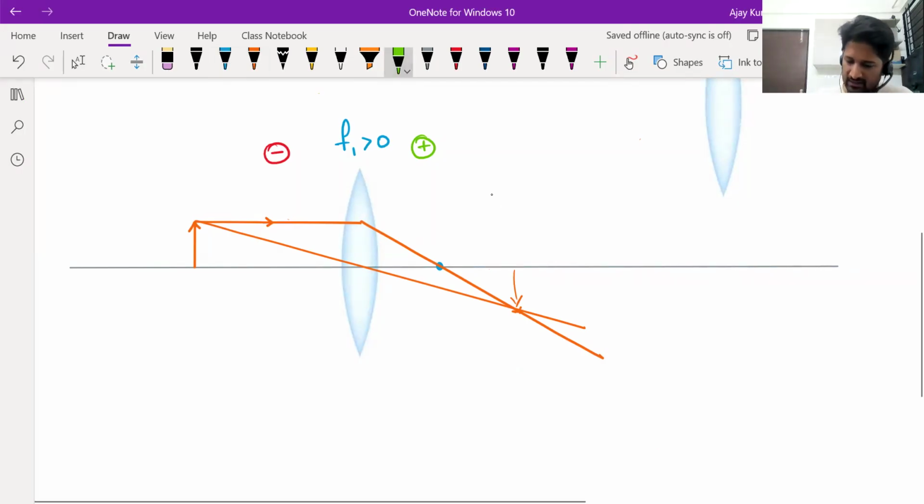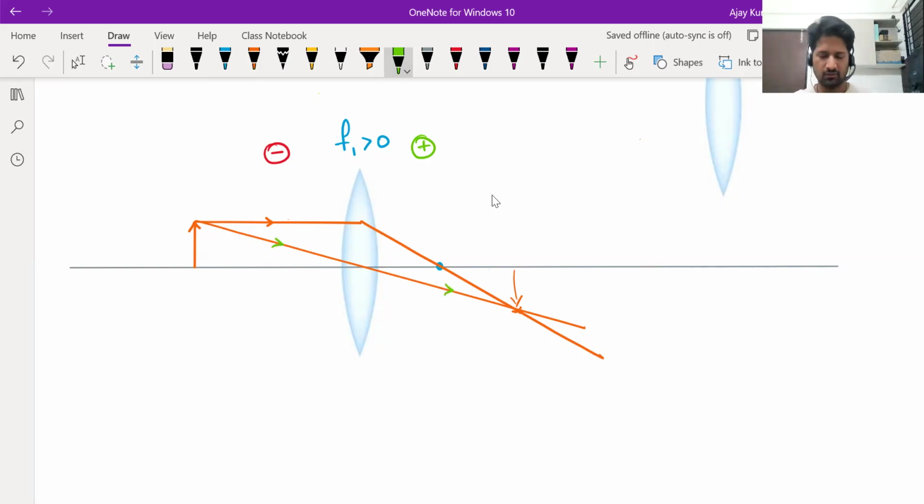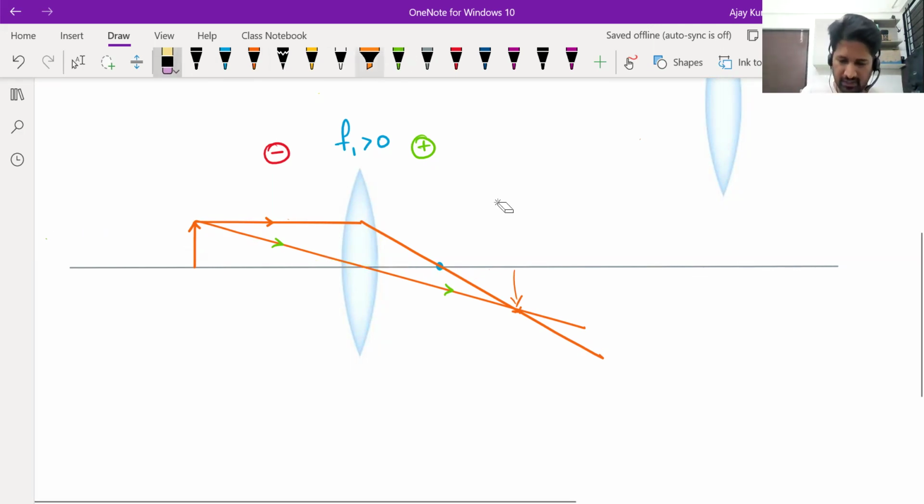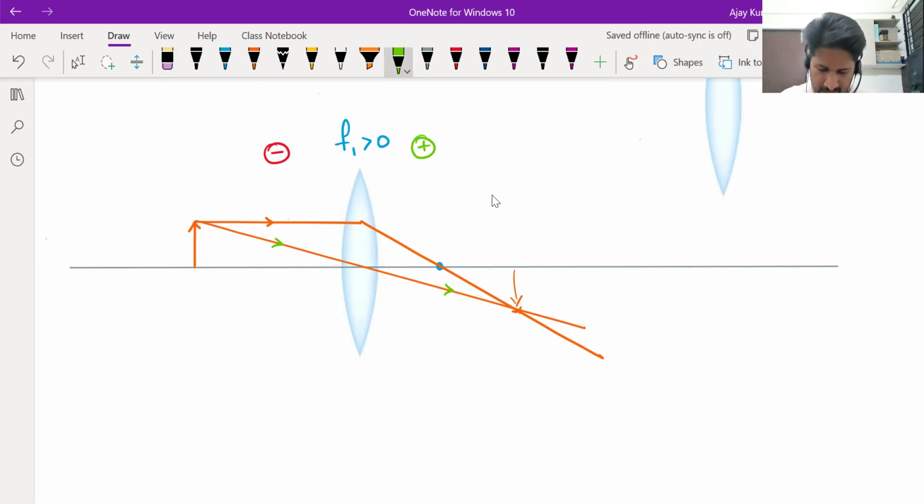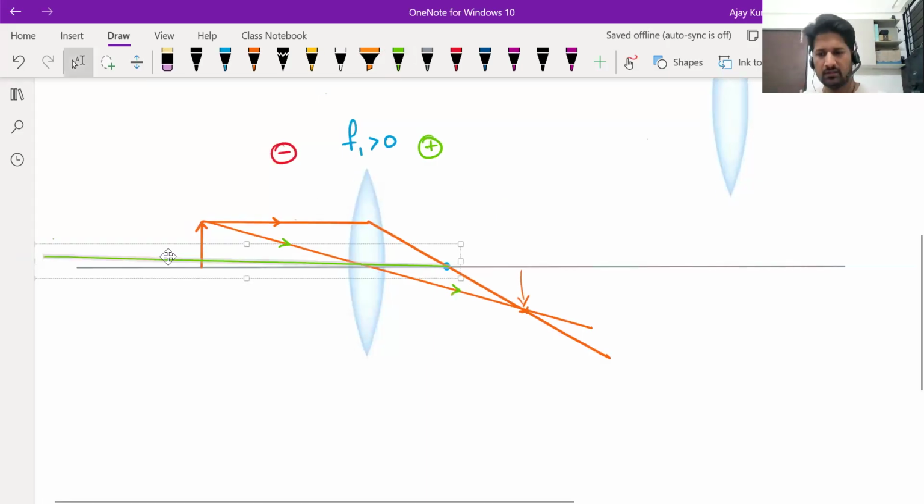This second ray, from the object to the lens, which passes through the principal axis, if object tends to infinity, this ray will become almost parallel to the principal axis like this. In fact, if the object is at infinity, very, very far away, that ray will be striking the lens like this. You won't even be able to notice the image there.